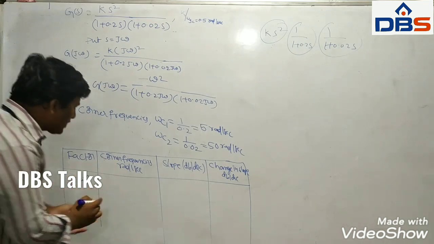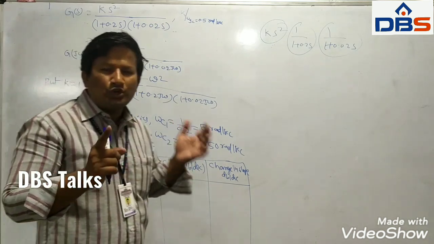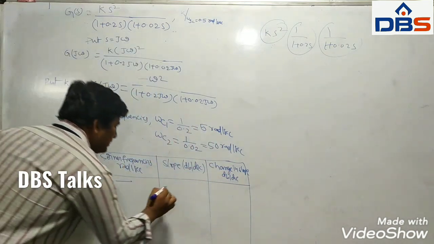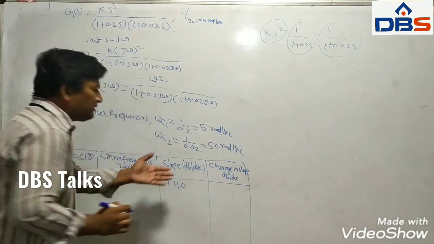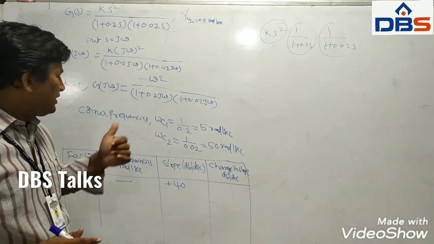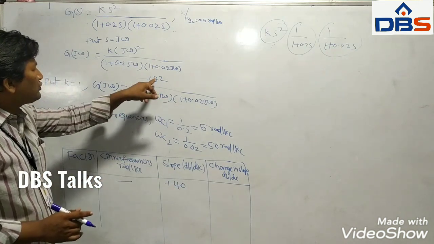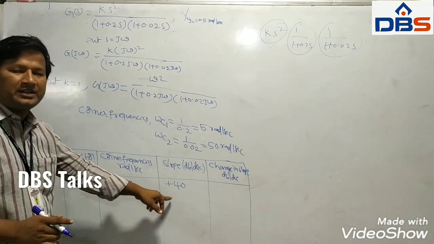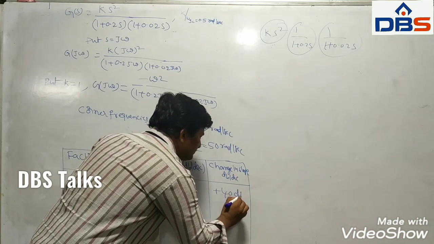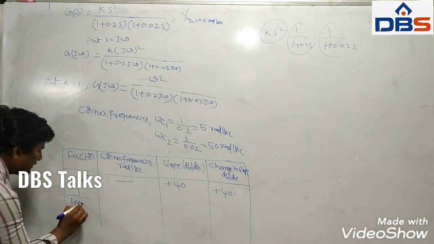For the slope, one zero gives plus 20 dB per decade and one pole gives minus 20 dB per decade. Here 2 zeros are located at the origin, so the slope is plus 40 dB per decade, and the change in slope is also plus 40 dB per decade.